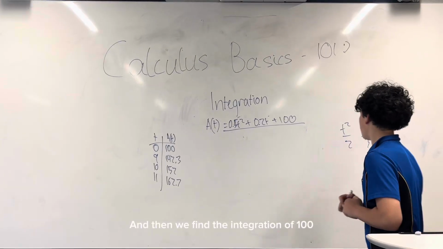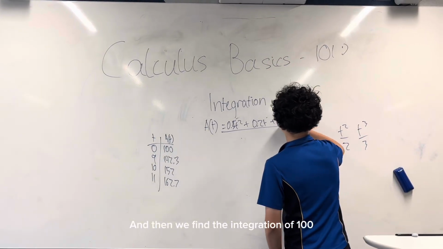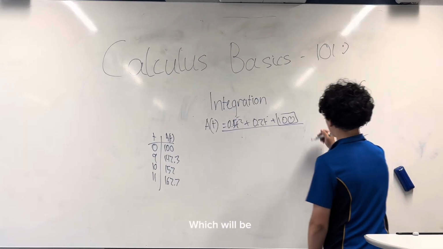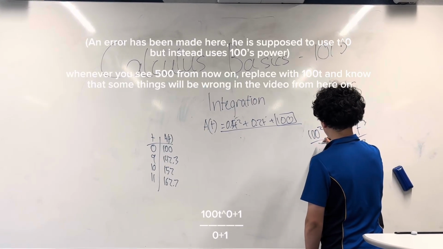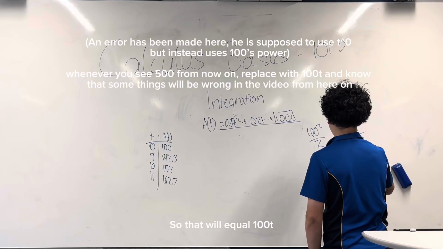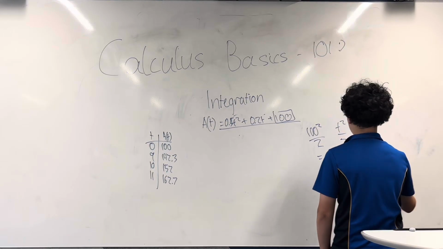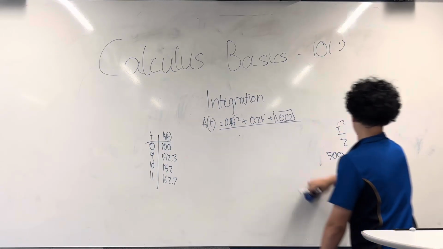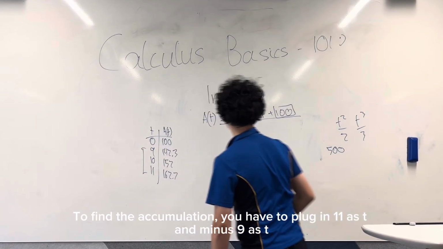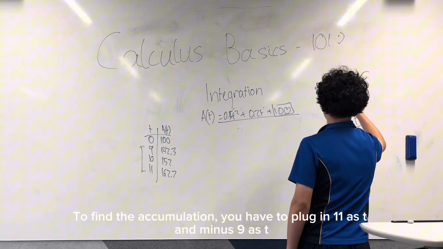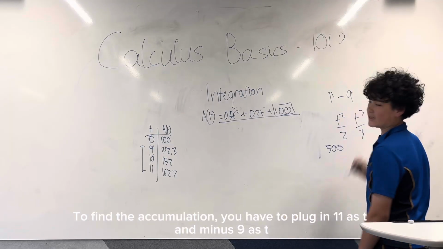And then we find the integration of 100, which will be 100t. To find the accumulation, we have to plug in 11 as t minus 9 as t.